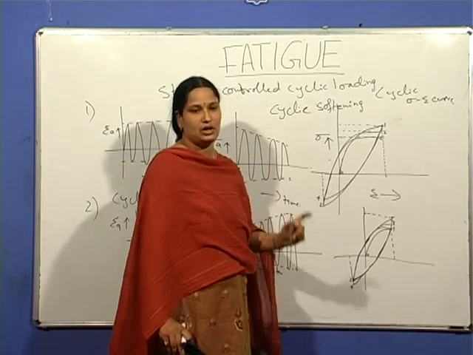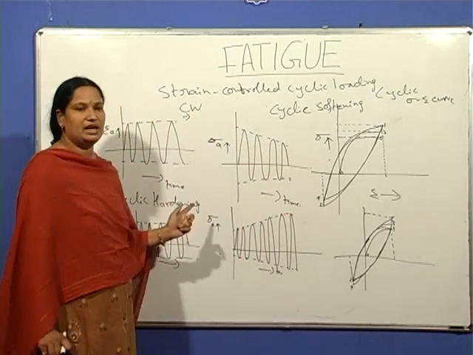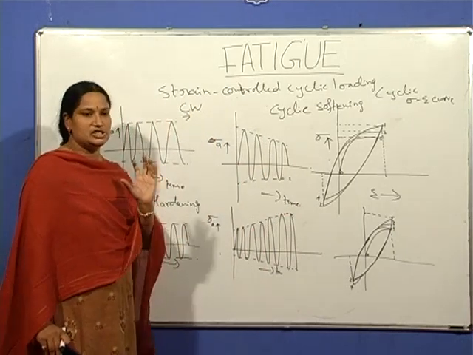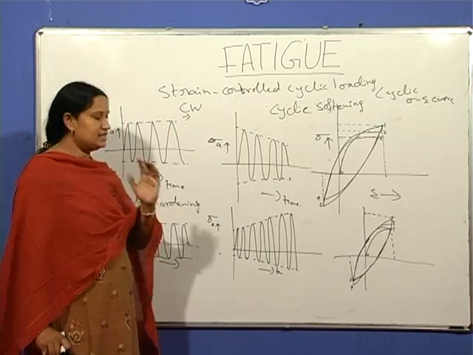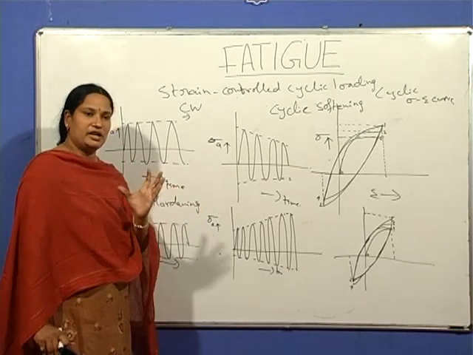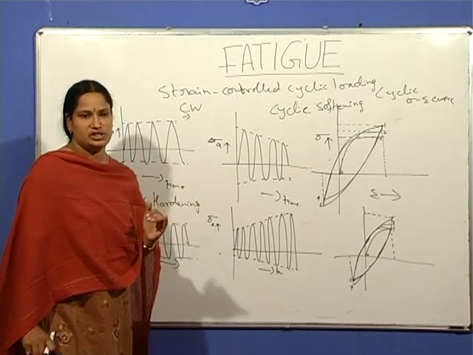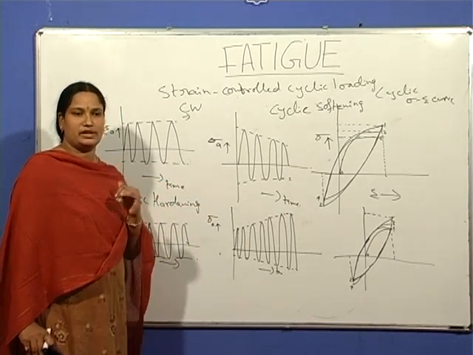And for the case of a soft, annealed material, the initial condition of the material is an annealed one. For an annealed material, the dislocation density is quite low.